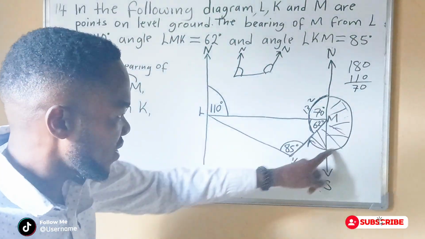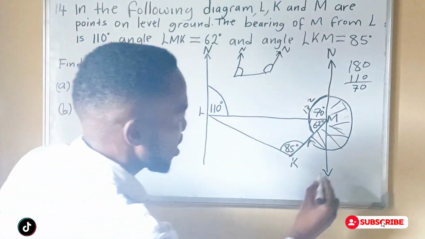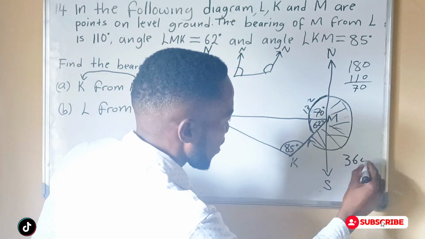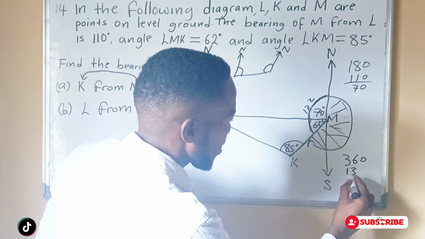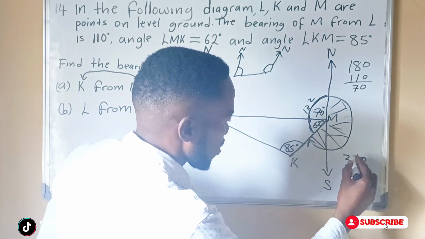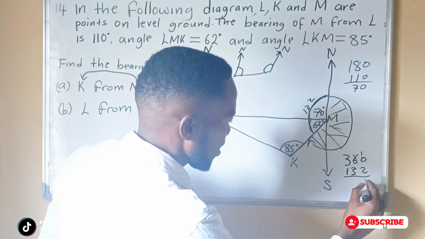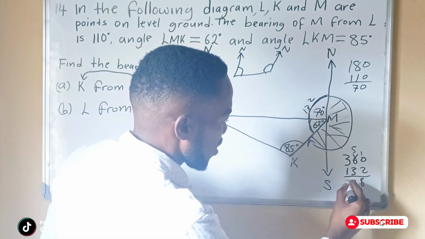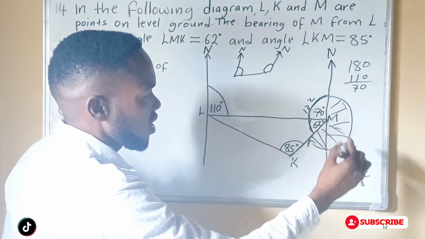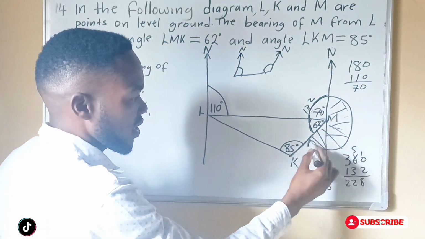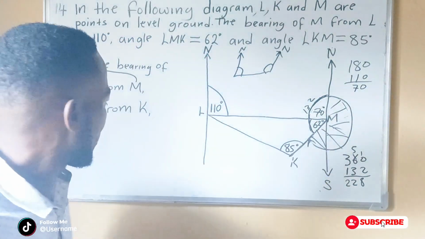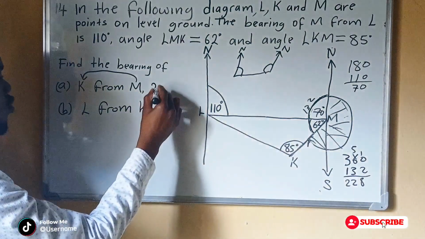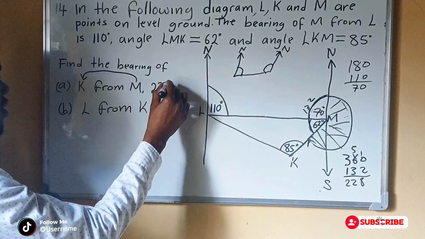And we know a full circle adds up to 360, so we say 360 minus 132. The angle which has remained is 228. So here the angle is supposed to be 228 degrees.